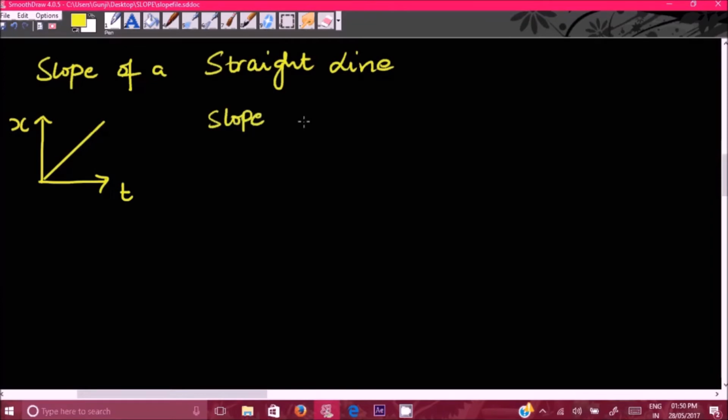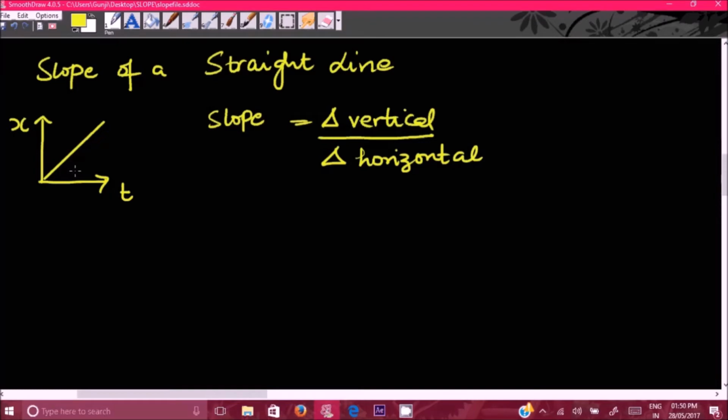Slope is equal to change in vertical direction divided by change in horizontal direction. This delta is a symbol that represents some change. Observe that each and every point on this straight line has a constant slope. Why? Because each and every point is at the same inclination, same angle with the horizontal axis.